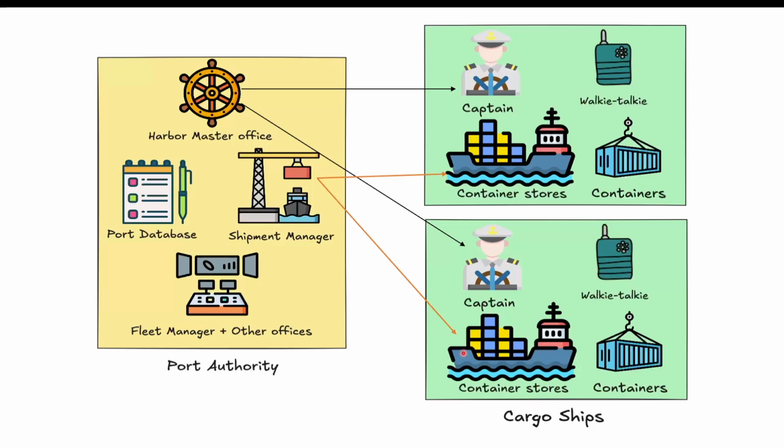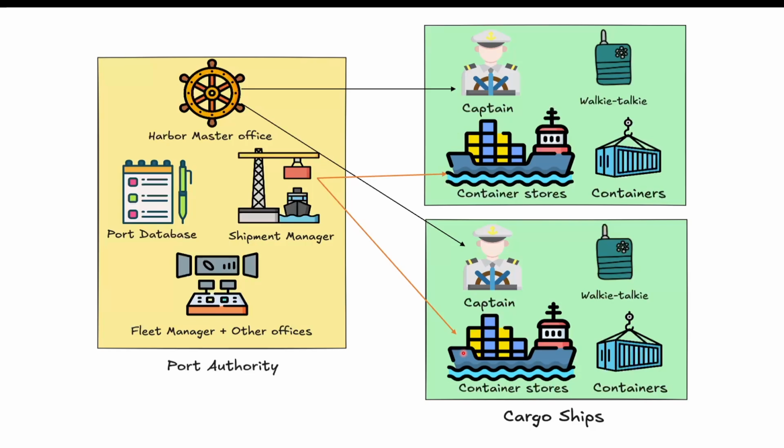Say, for example, how a typical port operates. There has to be a harbor master's main office which controls the orchestration of this entire system, the cargo ships, which ship comes and which ship goes. So it controls all the different aspects of the operation.